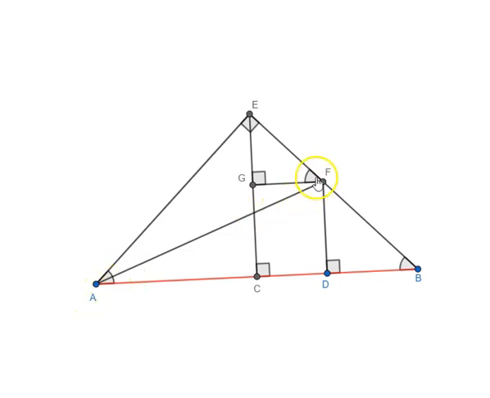Once we join this, then we get AD square also in an expression. AF square is equal to AD square plus DF square. And since this is again a right angle, we can say that AF square is equal to AE square plus EF square.